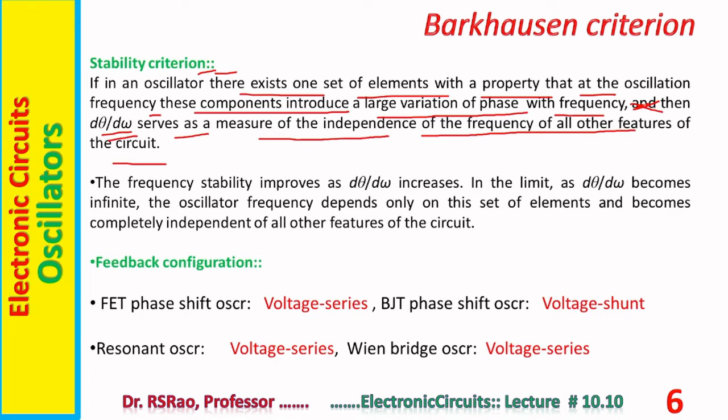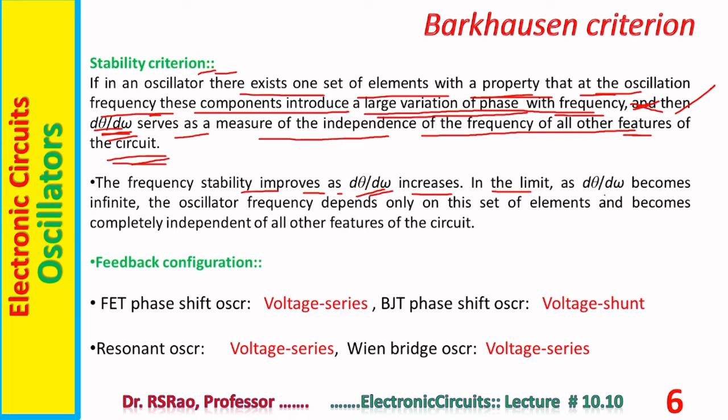Some more points regarding Barkhausen criteria. Stability criteria. If in an oscillator there exists one set of elements with a property that at the oscillation frequency these components introduce a large variation of phase with frequency, then d theta by d omega serves as a measure of independence of frequency from all other features of the circuit. The frequency stability improves as d theta by d omega increases.